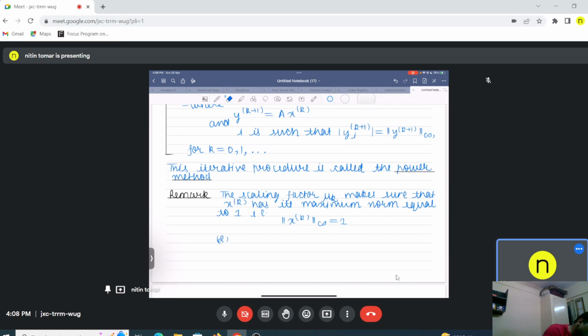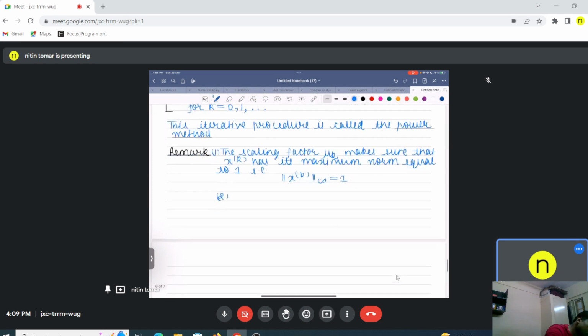Second, when this iteration x k has norm 1, then it rules out the possibility that limit x k being 0, or rather I should say 0 or infinity.